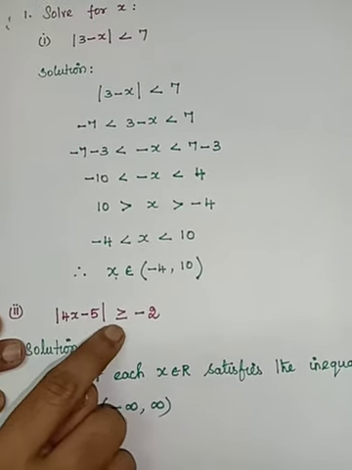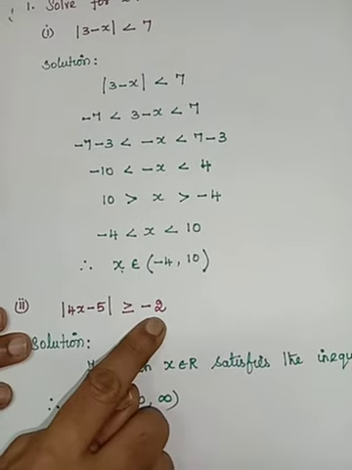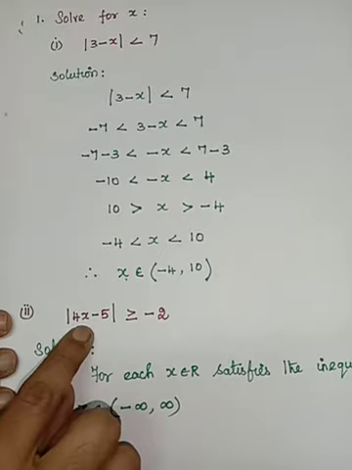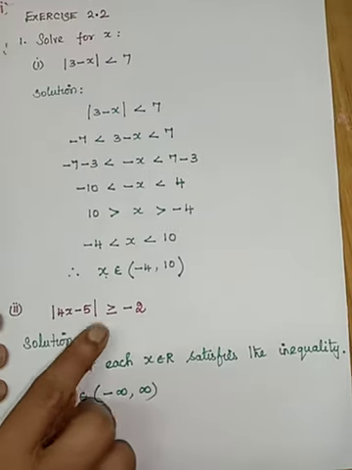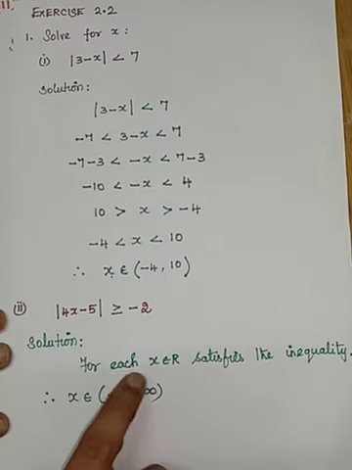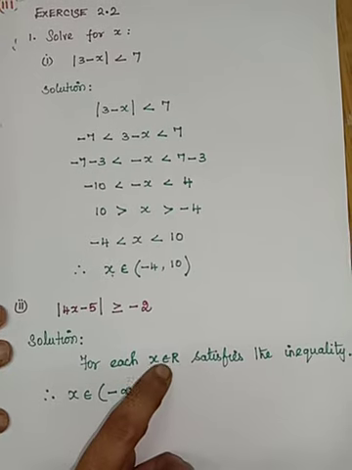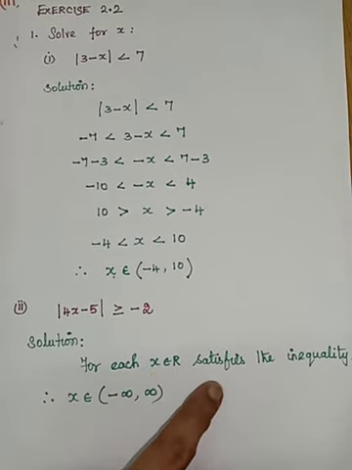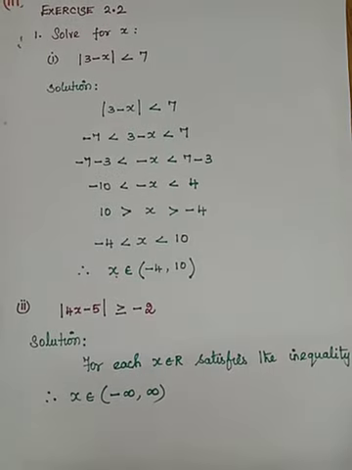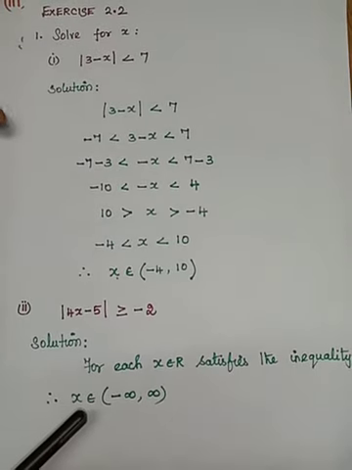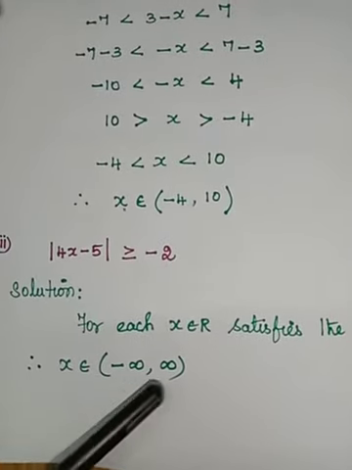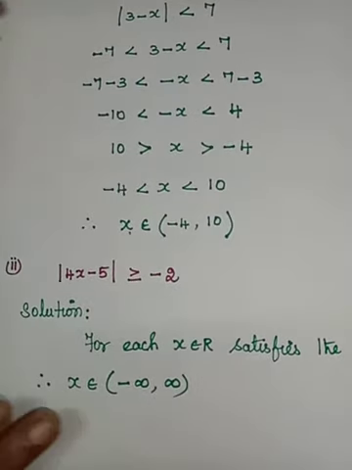So it is greater than minus 2 or equal to minus 2, we can have. So all the real numbers satisfy this inequality. So for each x belongs to R. X belongs to R means what? It's a real number. So all the real numbers satisfy the inequality. So x belongs to R. R means the open interval minus infinity to plus infinity.